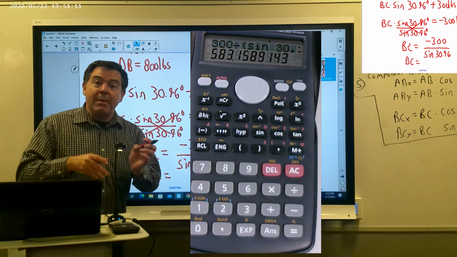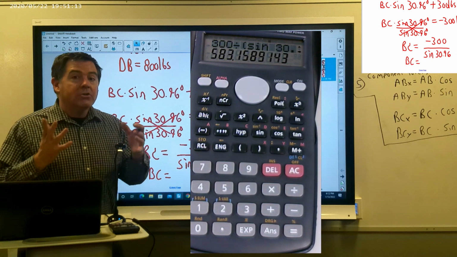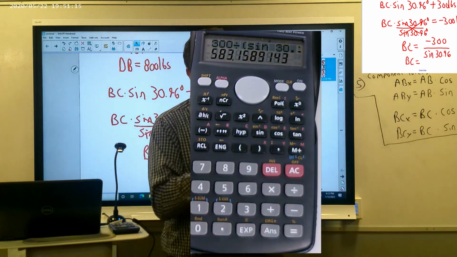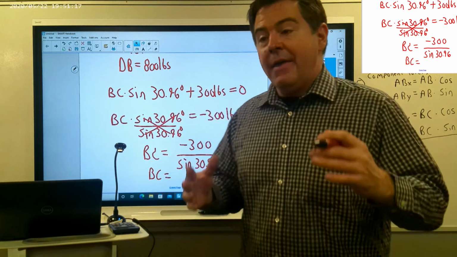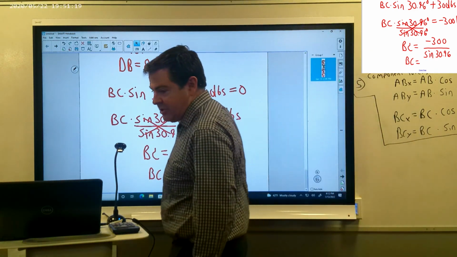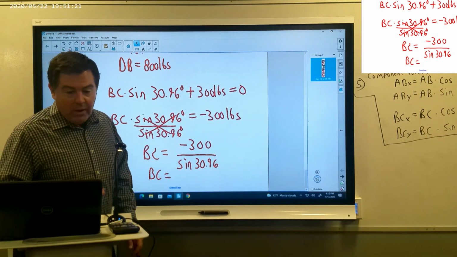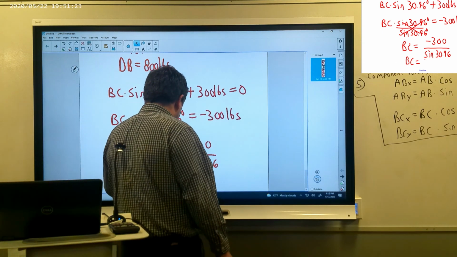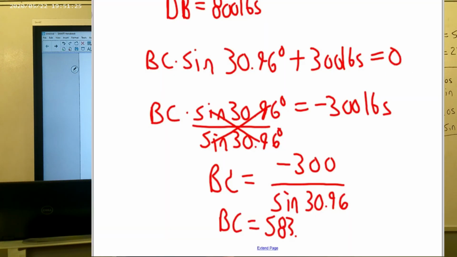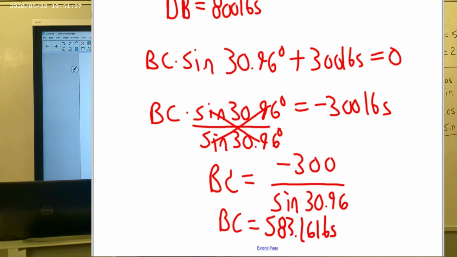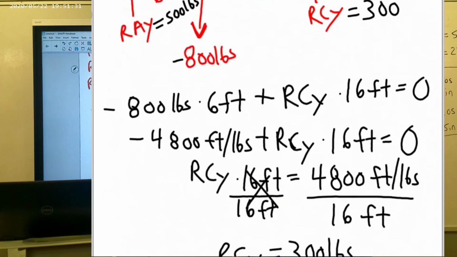But wait a minute, it's a member force. It can't be negative. So what does that tell us about our assumption? It tells us our assumption was wrong, and therefore that member is in compression. So 583.16 pounds of compression.